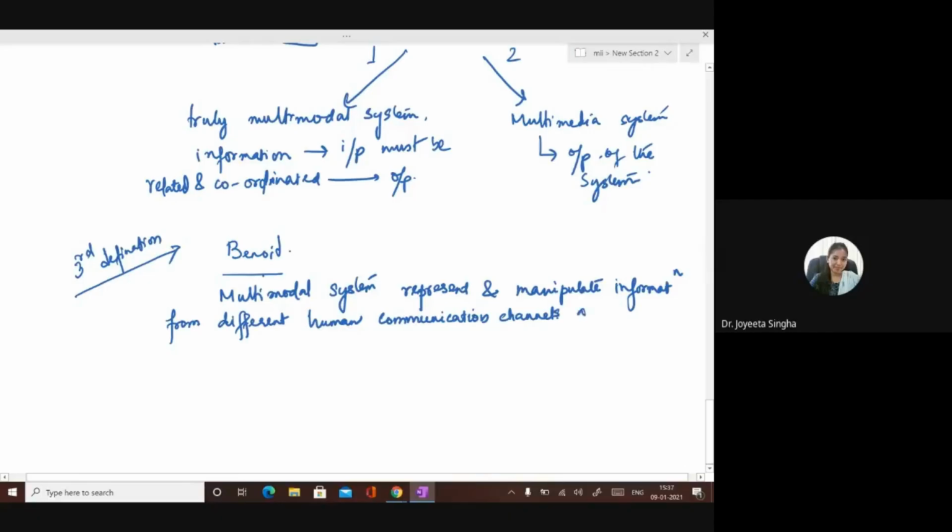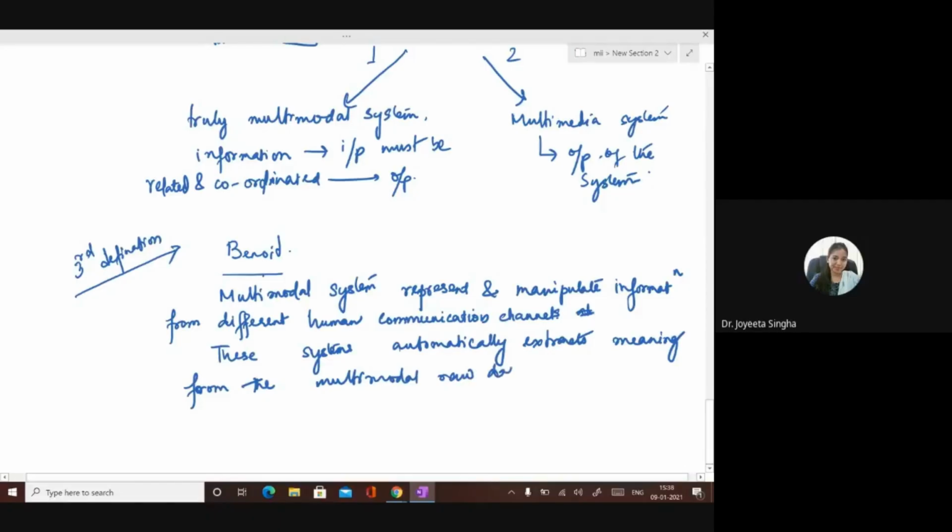Communication channels at multiple levels of abstraction, or you can just ignore it. These systems automatically extract meaning from the multimodal raw data and give meaningful information, or the desired information.